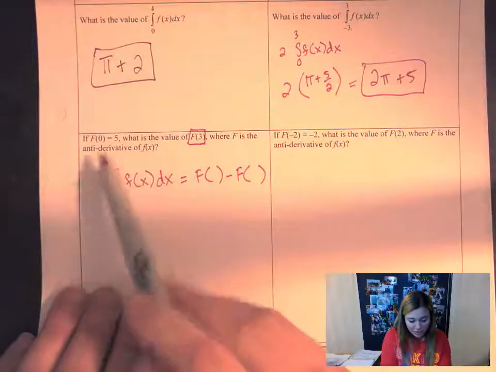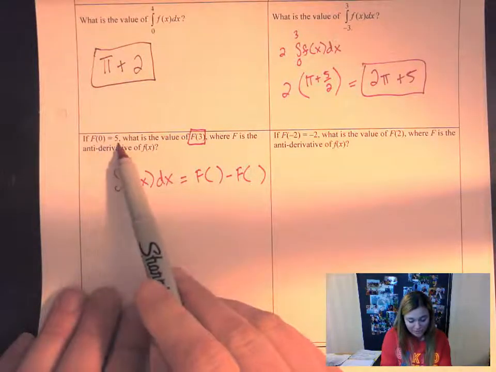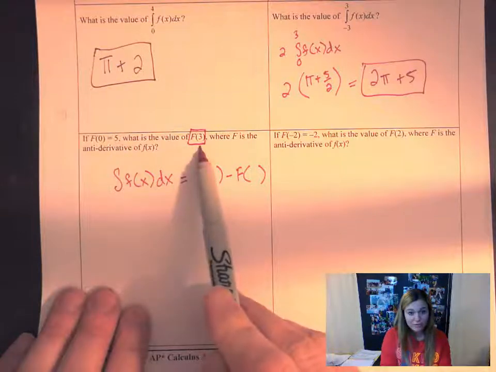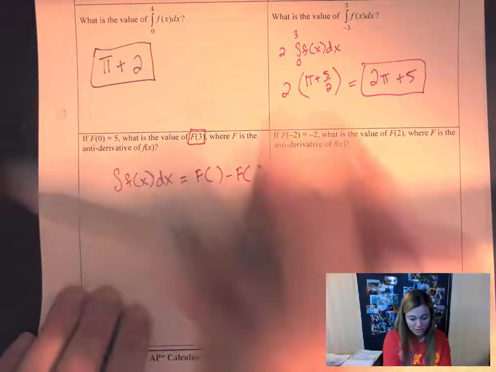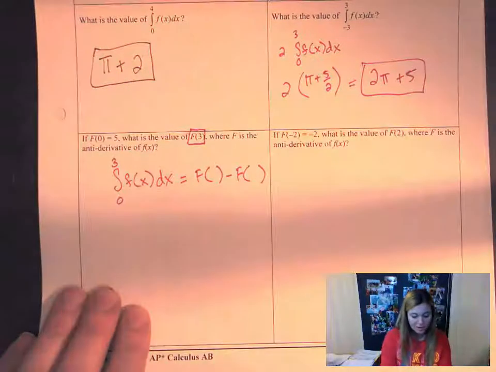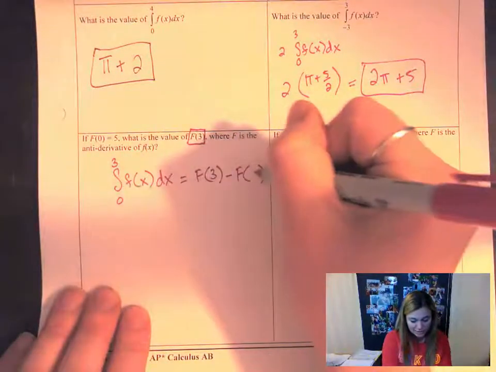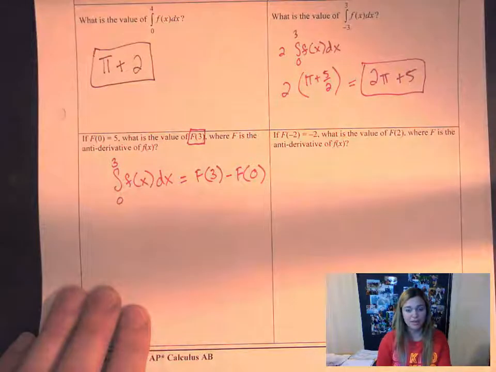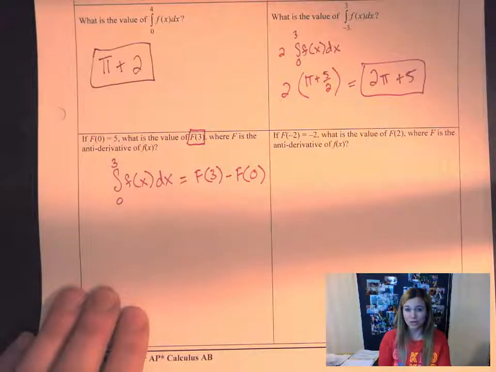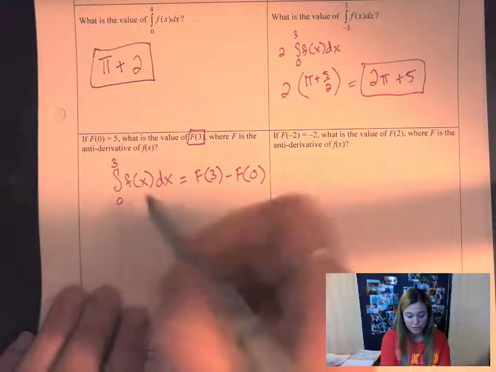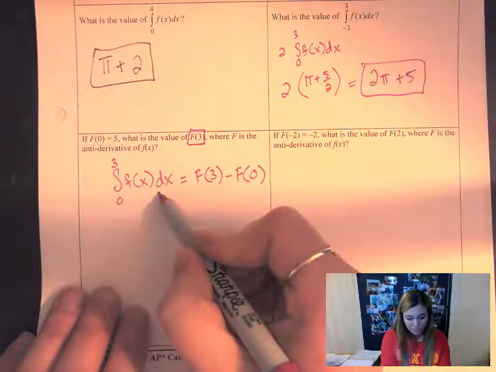In this problem, I know F of 0 is 5, and I want to know F of 3. So I'm going to use this x value of 0 and go the whole way until I get 3. And then over here I can put capital F of 3 minus capital F of 0. Then this becomes just a fancy equation if I'm solving for what I don't know. So in here, 0 to 3, we already did that a couple times. We got pi plus 5/2.